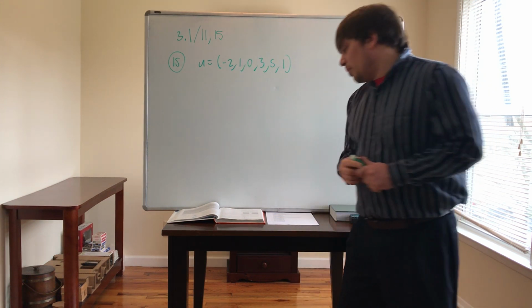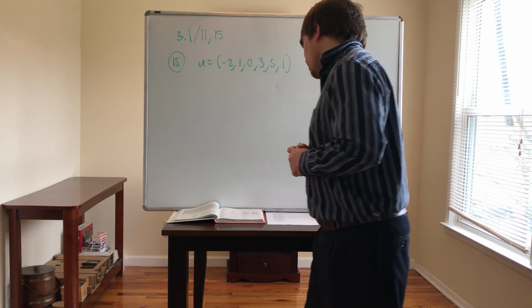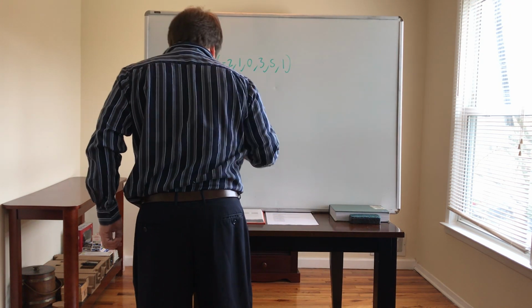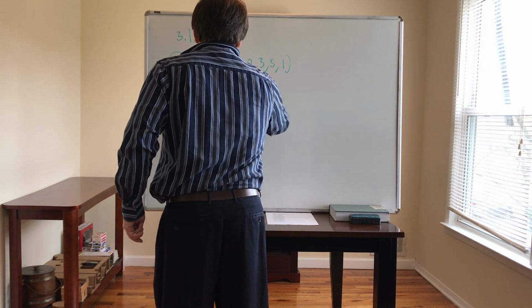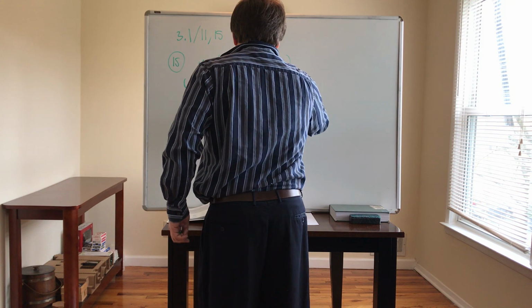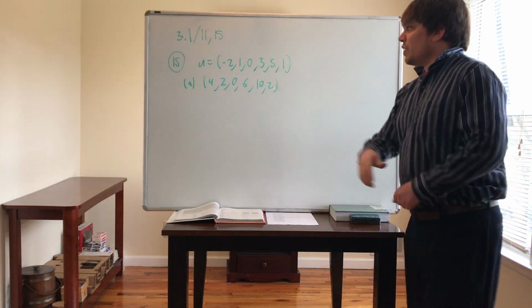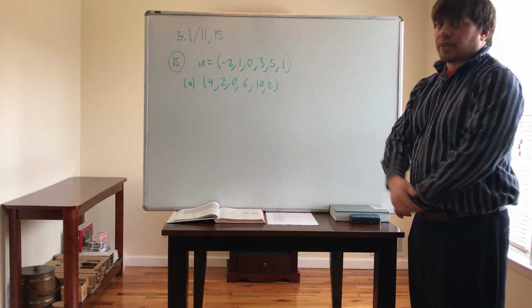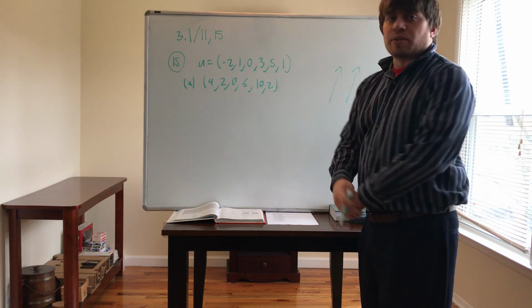So that's u, and then we have to determine which of the following vectors in R6 are parallel to that vector. So in A, the question is, is the vector in part A parallel to this vector? Two vectors are parallel, right, if they have the same direction.